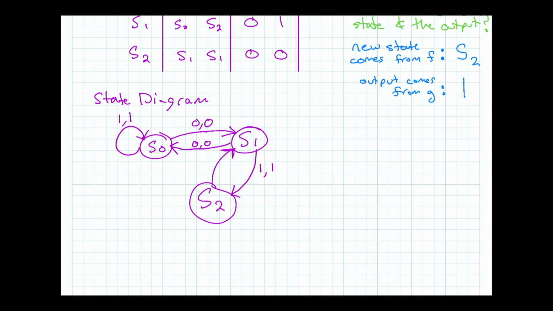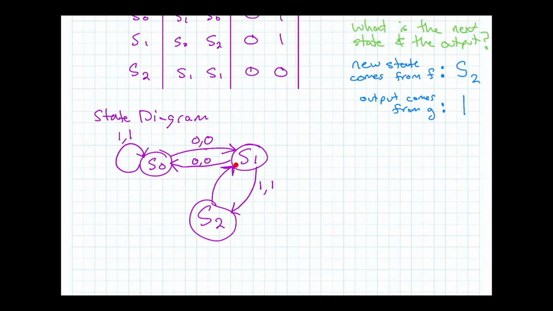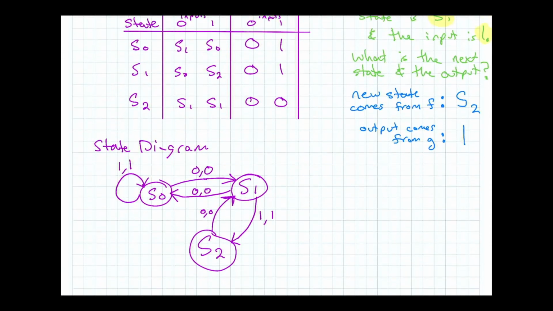So you go S2 to S1 for input 0 with output 0, so 0, 0 for the numbers. But also, if the input is 1, you also go to S1, and the output is 0. So 1 would be the input, 0 would be the output.